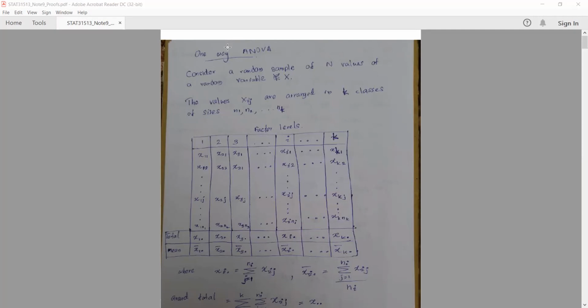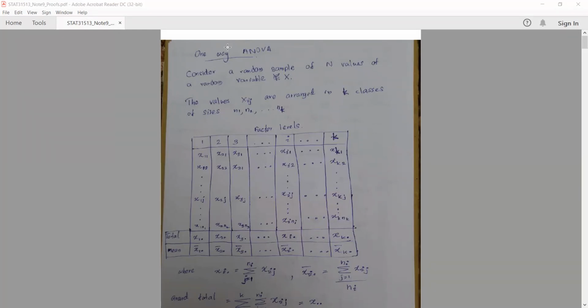When it comes to a completely randomized design, as we discussed in the last lecture, you have k number of treatments. We are interested in one factor, and the levels of the factor we call the treatments.